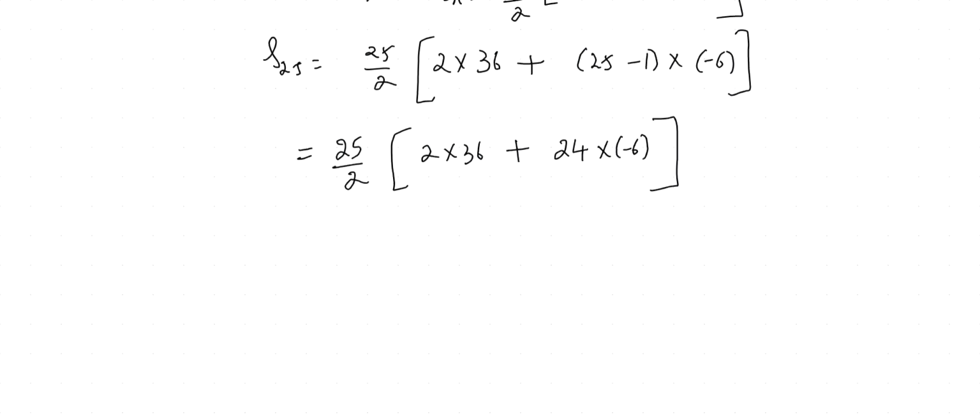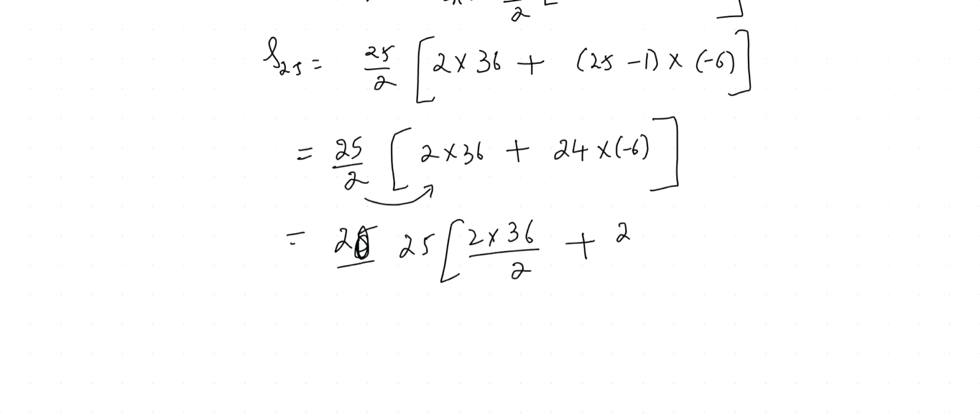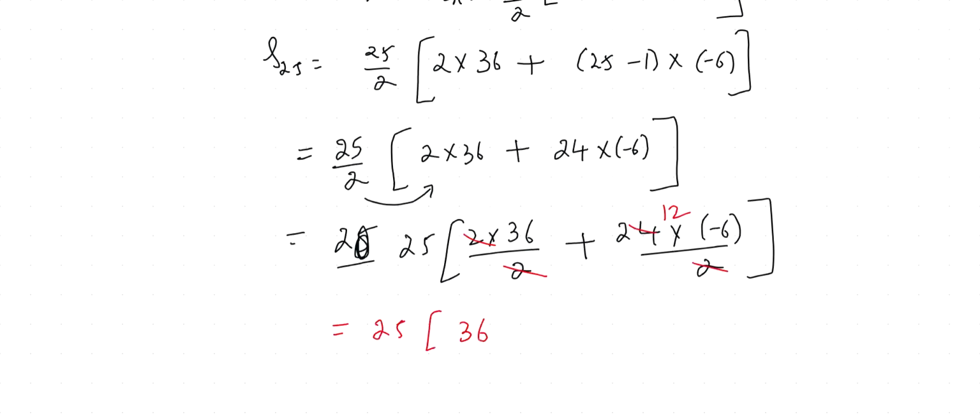I can take the 2 inside. It will divide both the terms because it's a plus. I'm just trying to simplify the process. So 2 and 2 will nullify. 2 12s are 24. That will be 25 into 36 plus 12 into negative 6, that is 36 minus 72.